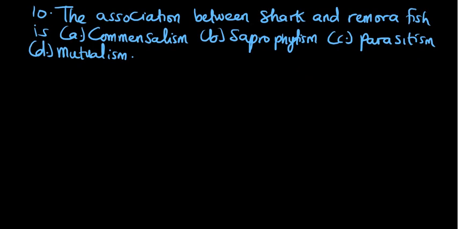So the next question states that the association between shark and remora fish is commensalism. What's the meaning of commensalism? Commensalism is a process whereby an animal benefits from another and the other does not benefit and is not affected. What is saprophytism? Saprophytism means when an organism feeds on dead, decaying matter.